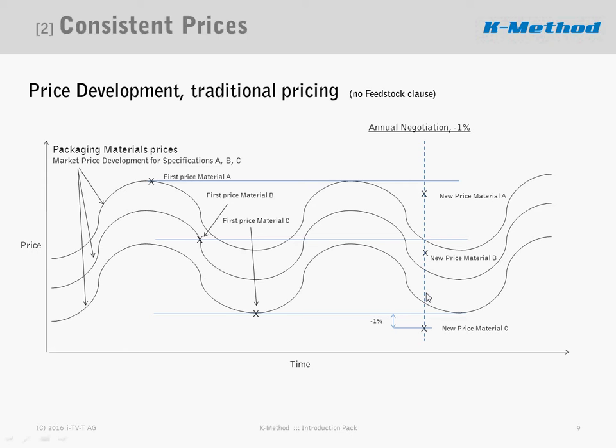And that leaves you with material C, and the supplier will be very upset because he has subsidized the production of material C by the sale of material A and B, and now he's just left with C, which is making a loss for him. So eventually he will go out of business with you at some stage.